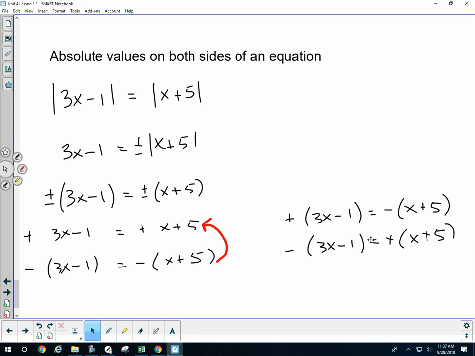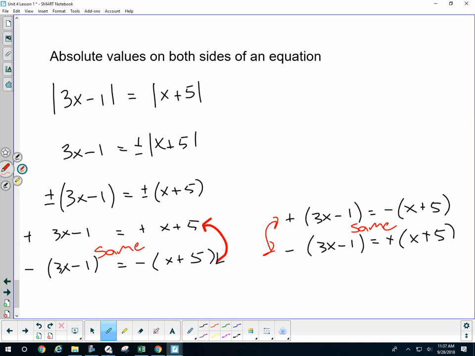So I got all the four situations with this plus or minus. However, can I just multiply this guy by -1 and it turns into this guy? Turns out these situations are the same and these situations are the same, which means there are only two of the four possibilities that we have to worry about.